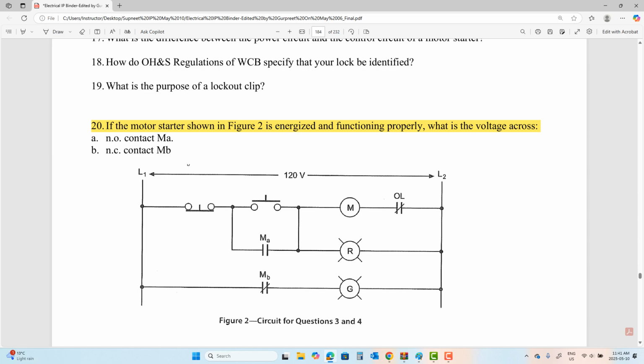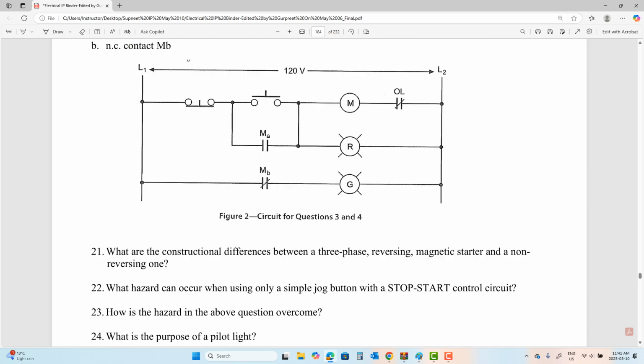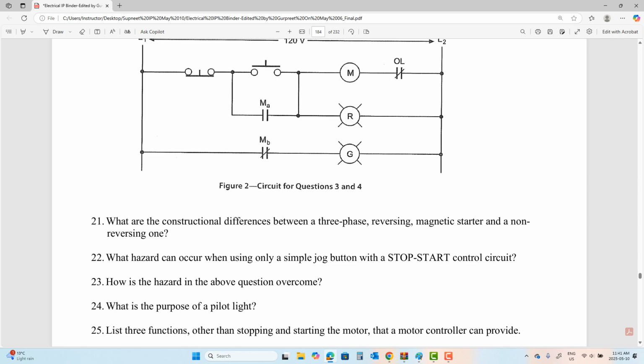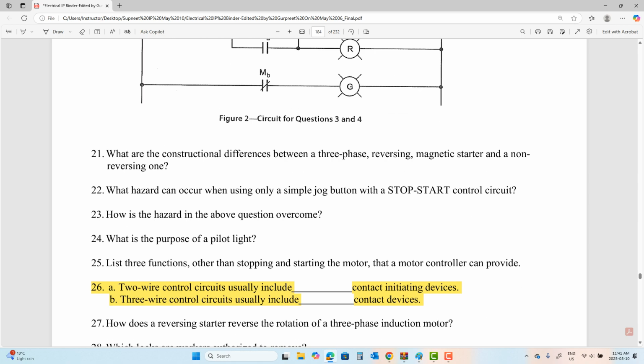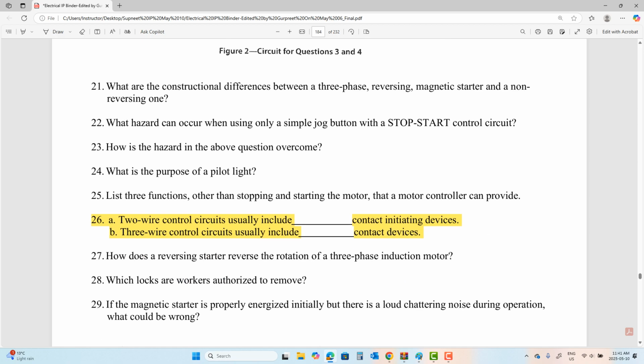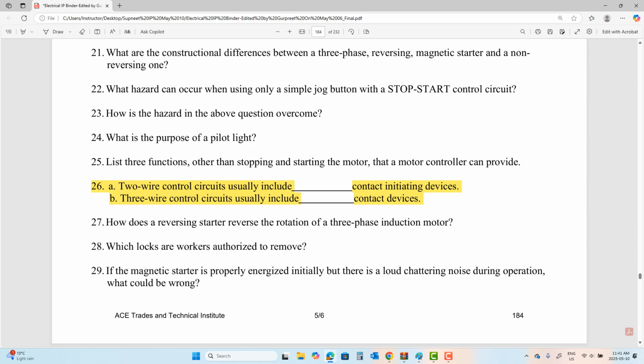Any troublemakers from 15 to 20? 21 to 30. 31 to 40.